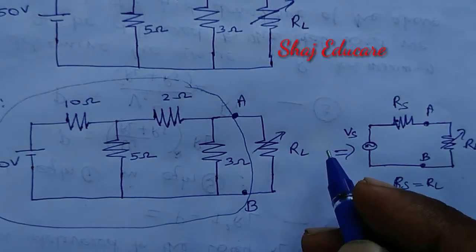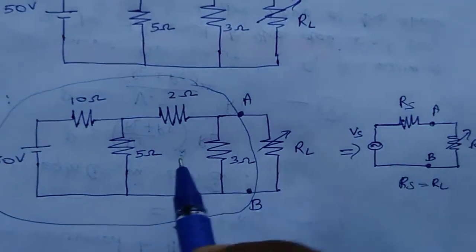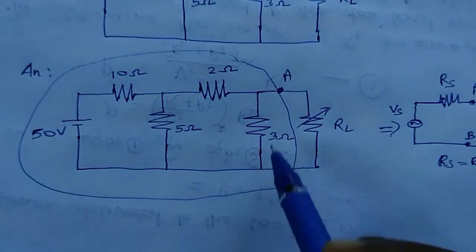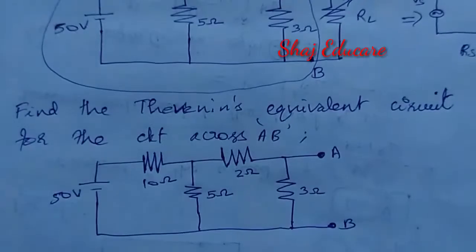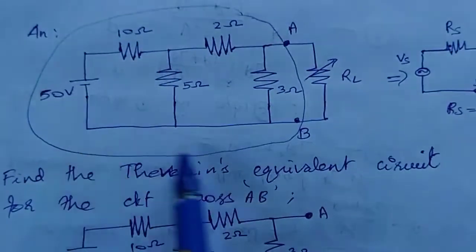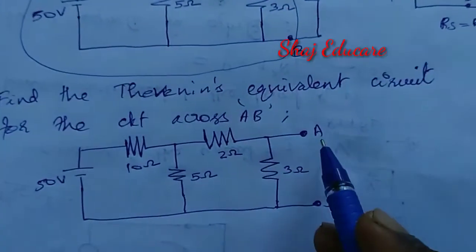So we have to find the Thevenin equivalent circuit for the circuit highlighted here, across AB.